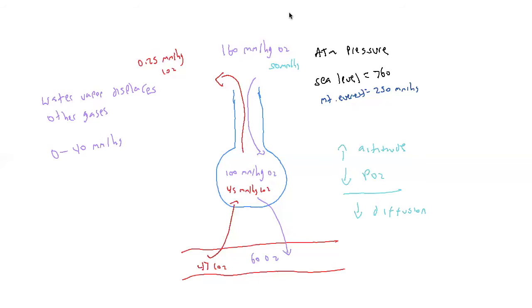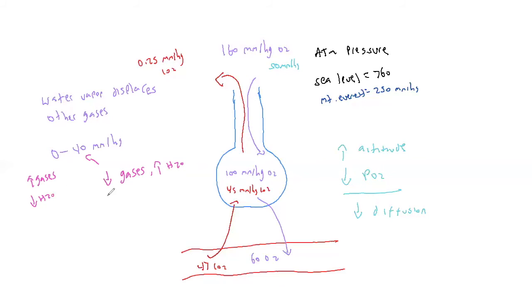So if it's closer to this 40 side of things, that means there's less gases present and more H2O, which I know that the water is a gas in this case, but this is just to clarify things. However, if there's less humidity, that means there's more gases and less water.